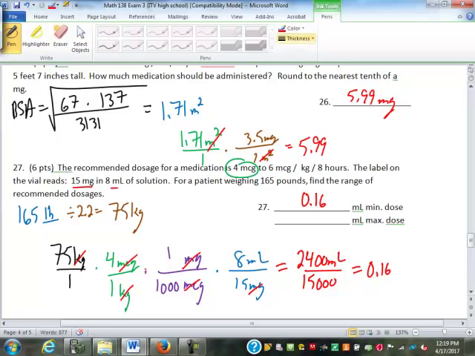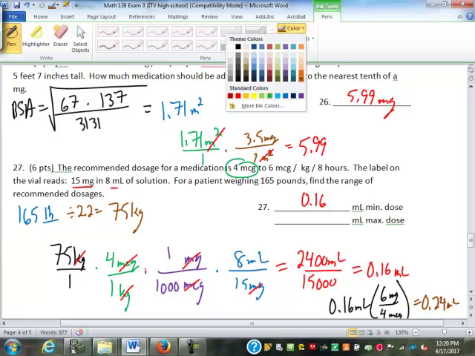That's the minimum dose. To find the maximum dose, we do our titration. 0.16 milliliters, we use the 4 micrograms. We're going to convert it to the 6 micrograms. So 0.16 times 6 divided by 4 is 0.24 milliliters.